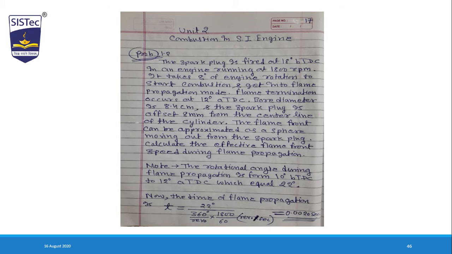So the time of flame propagation: here we can use the relation that t represents the time of the flame propagation, equal to the rotational angle, 22 degrees, divided by 360 revolutions, divided by 1800 divided by 60, the revolutions per second.